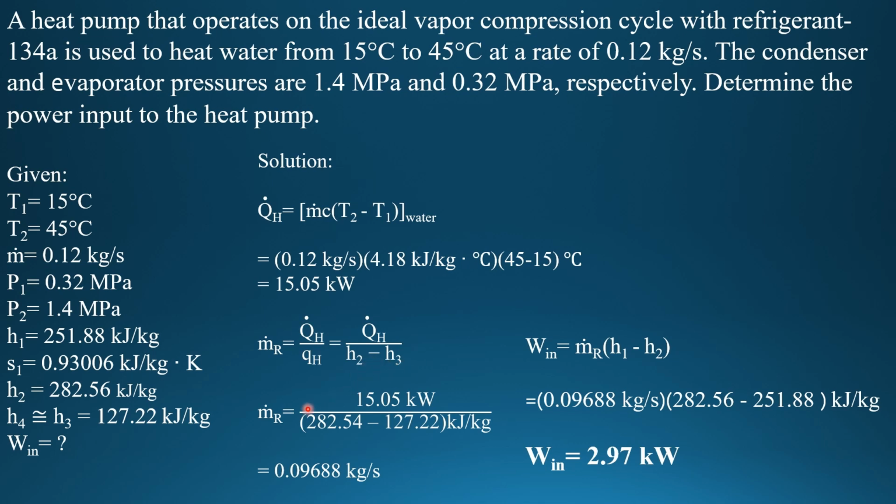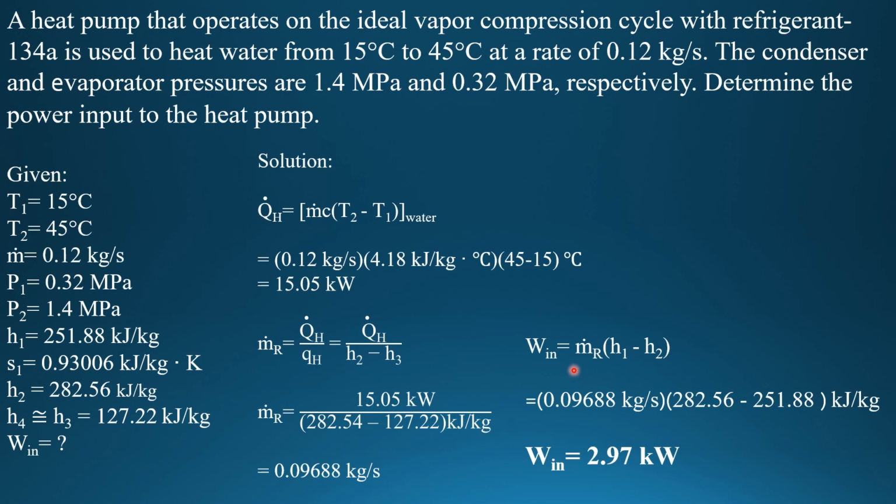So we'll be plugging in the values. We have this 15.05 kilowatts divided by 282.54 minus 127.22 kilojoules per kilogram. And we have our mass per unit time of the refrigerant that is equal to 0.09688 kilogram per second.